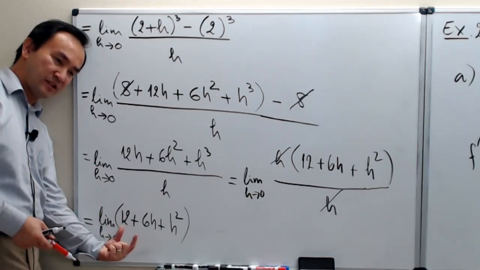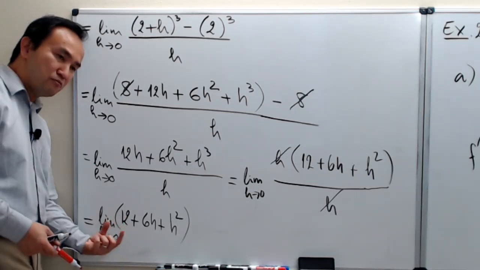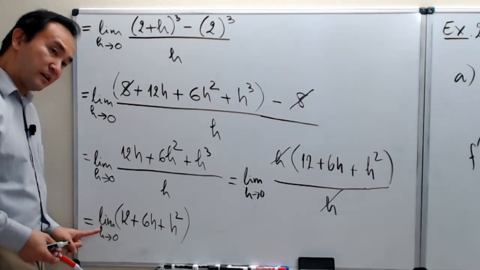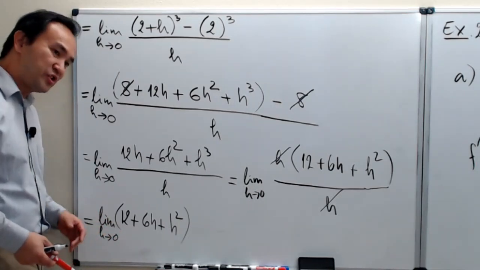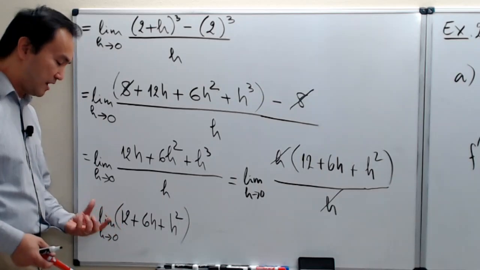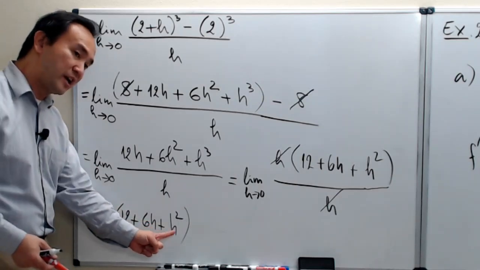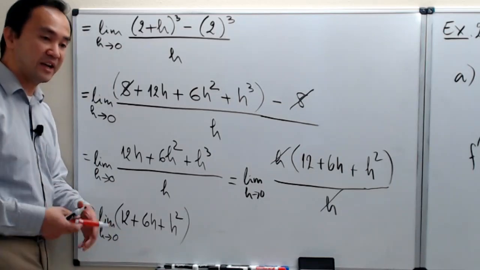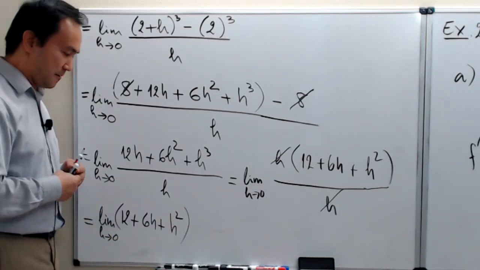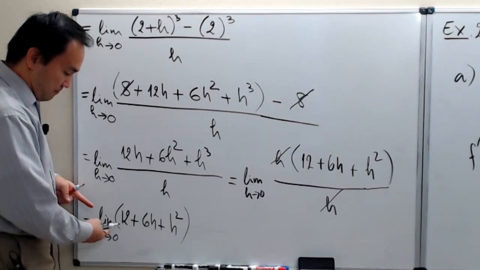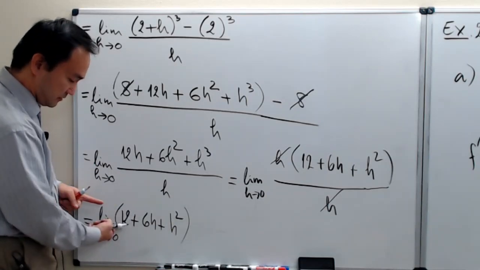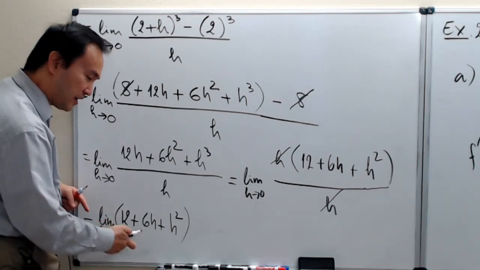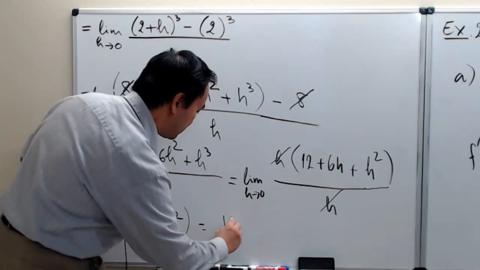Safe zone, in a sense, means that if we apply the basic limit laws, which allow us to work as if we are plugging in the value h equals 0 into our expression, we will get a safe, finite answer. So the limit law says the limit of the first term, being a constant function, is going to be 12.